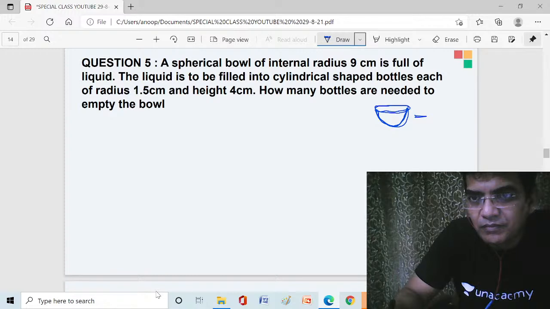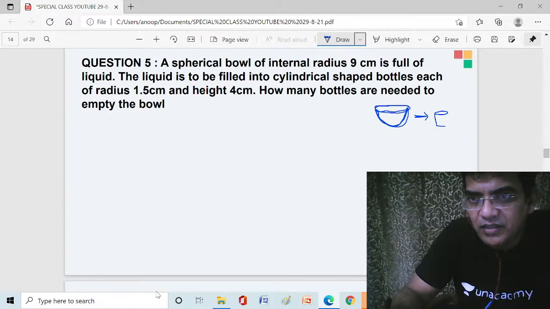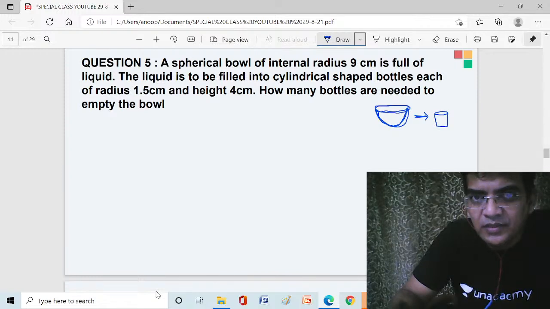So we have cylindrical shaped bottles like this, and they are saying cylindrical shaped bottles, so that means more than one bottle will be filled, right? So we can consider n bottles. So I am going to make it into n.